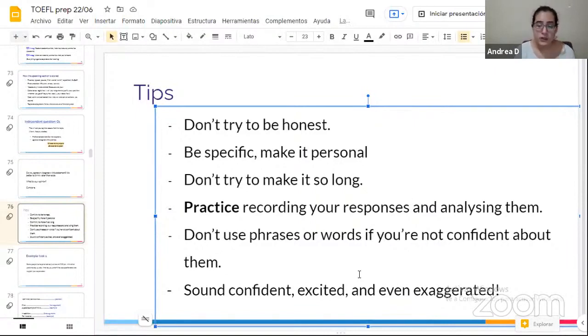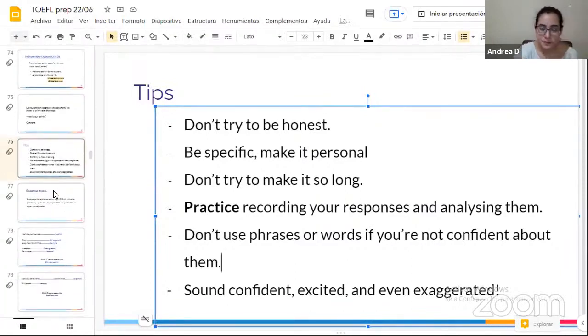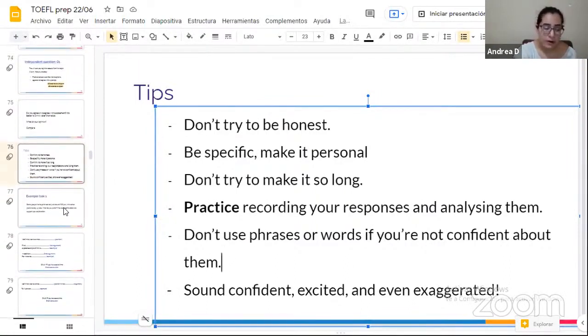With the pronunciation, you can maybe even exaggerate a bit, because sometimes you're pronouncing the words well, but it's always better if you're emphasizing certain things. We're going to talk about it later. But basically that's it. Any questions so far?